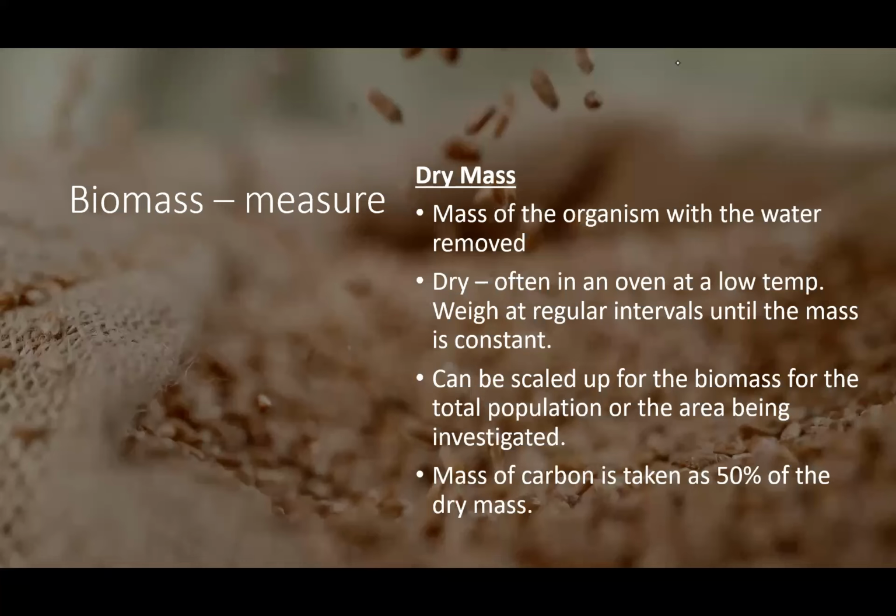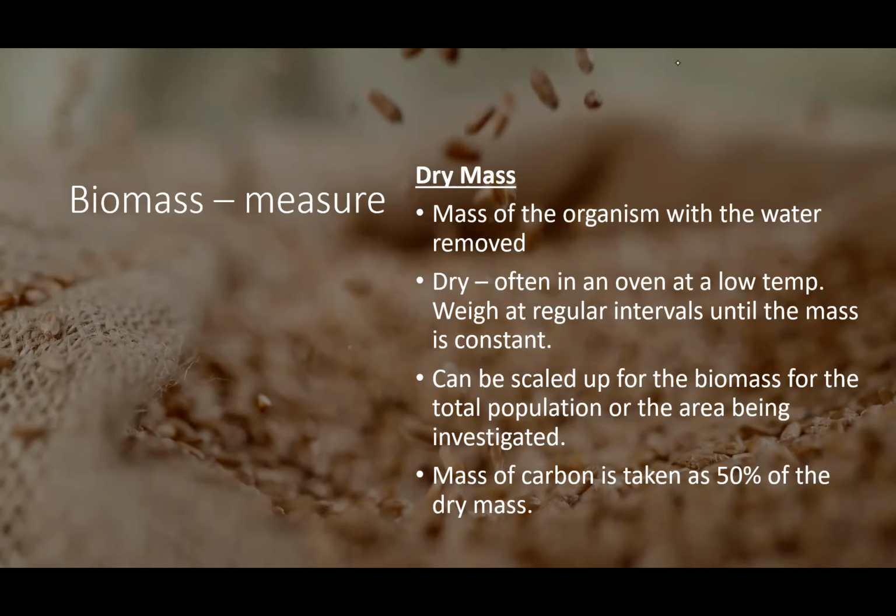So if we look in a bit more detail at biomass and how we can actually measure biomass. Biomass can be measured as dry mass, or we can measure it using a calorimeter. So biomass can be measured in terms of the mass of the carbon that an organism contains, or the dry mass of its tissues per unit area.